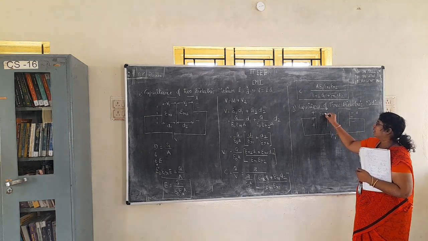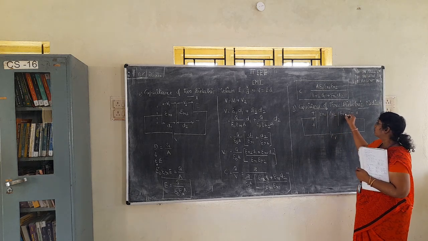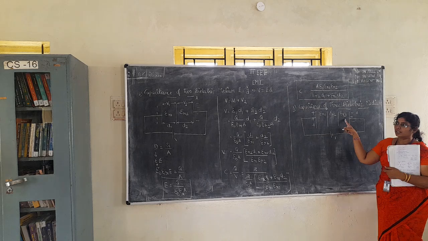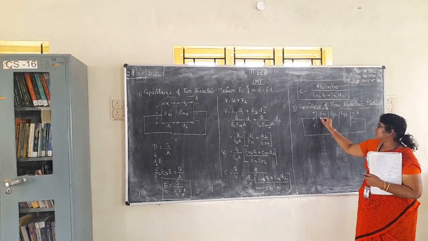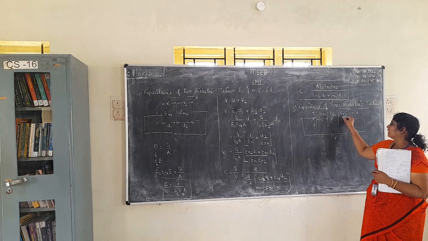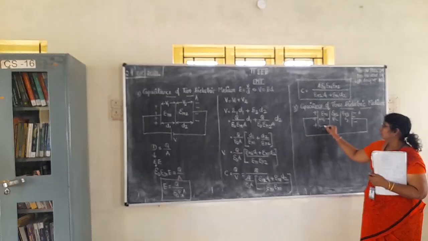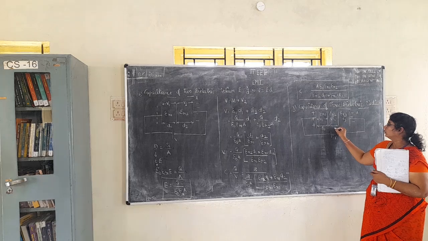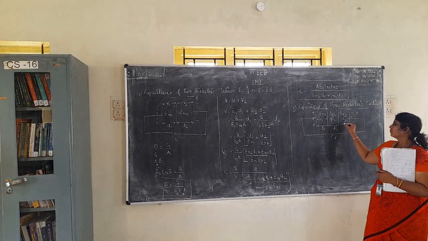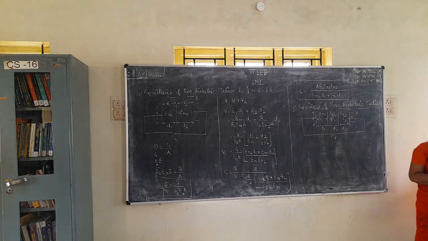The first layer will be dielectric 1 with epsilon R1, the second dielectric 2 with epsilon R2, the third layer epsilon R3. The voltages across these are V1, V2, V3, and the distances are d1, d2, d3. So from this, what is V? V will be equal to the sum of V1 plus V2 plus V3.